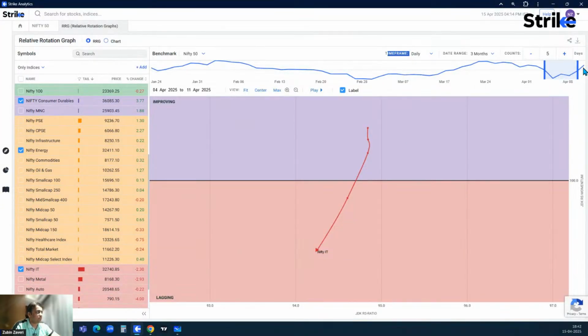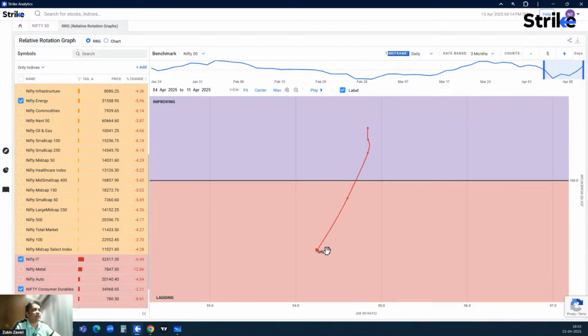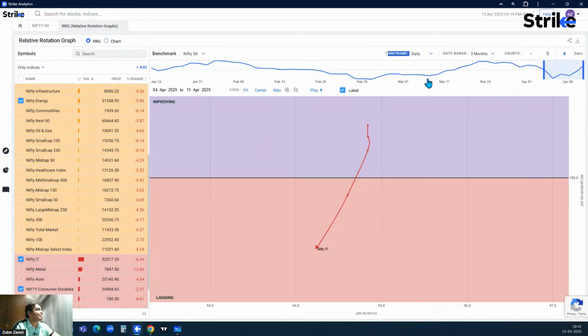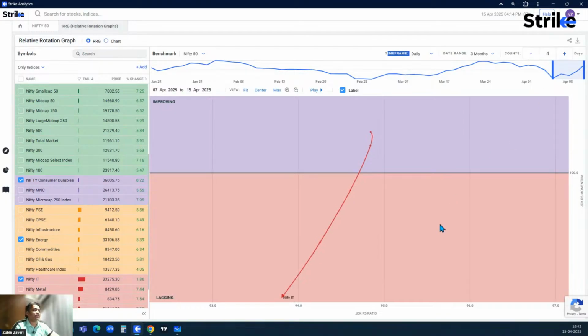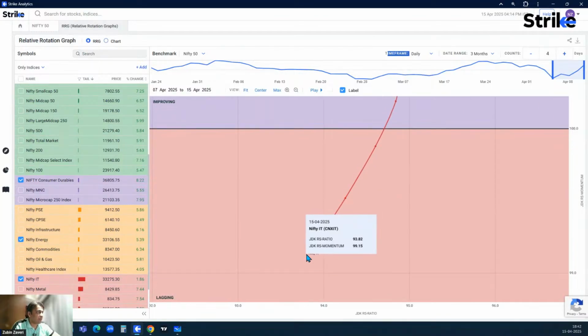So this is the 11th. Okay, here we go. Today the momentum went down to 99.15.